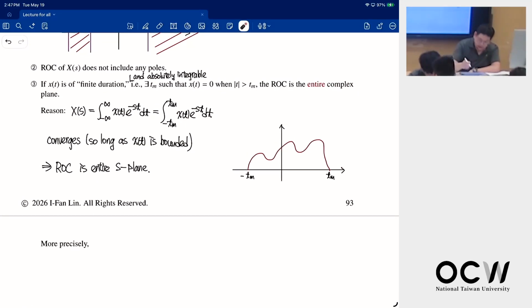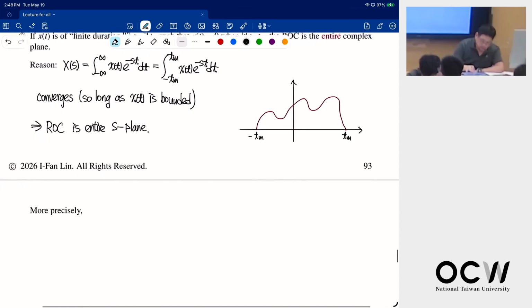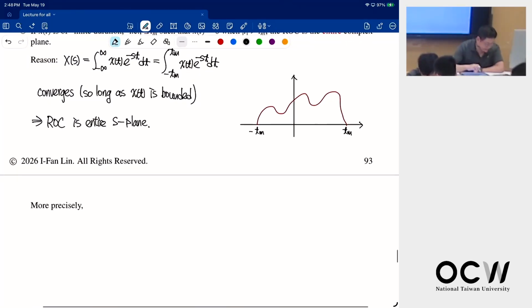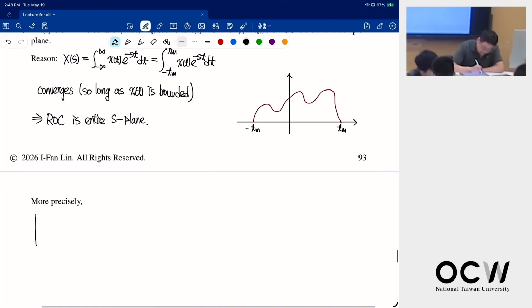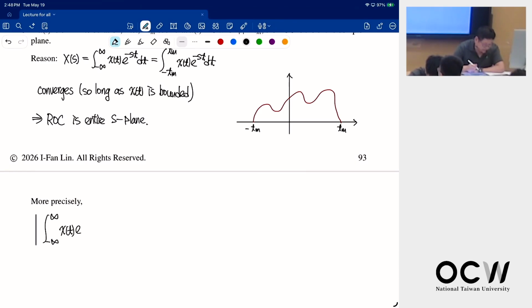So I need to take the magnitude, and let's see if it is bounded. Again, I have values only when t is between minus Tm and Tm.